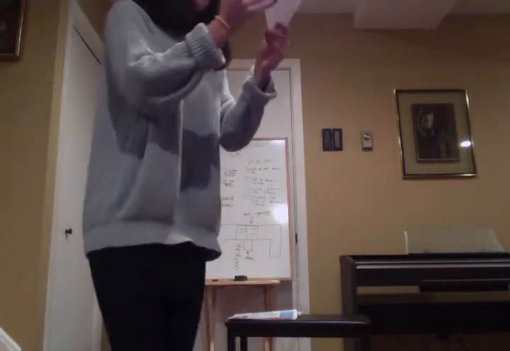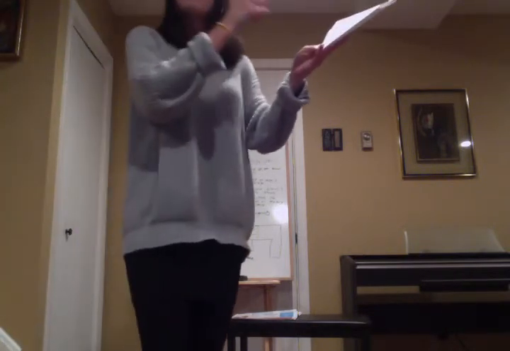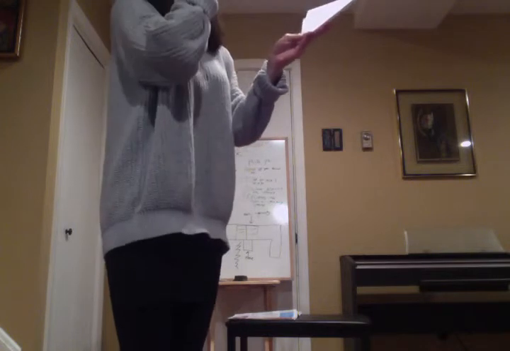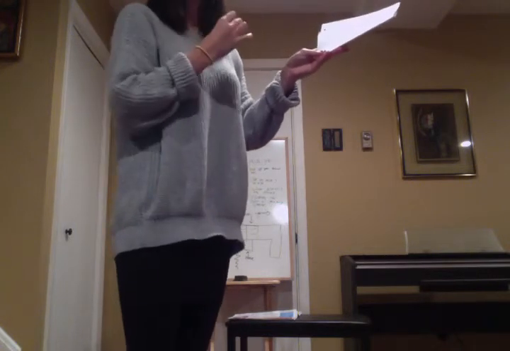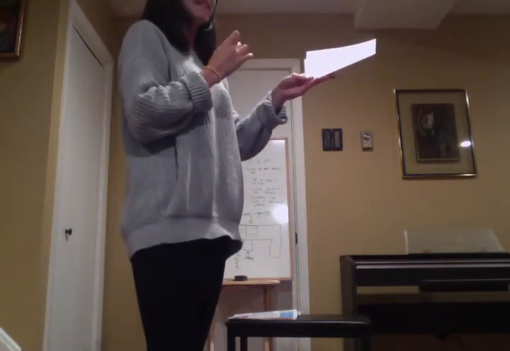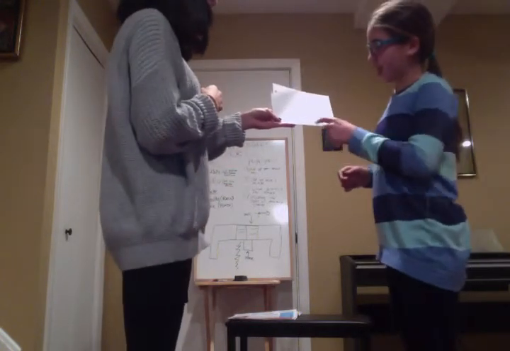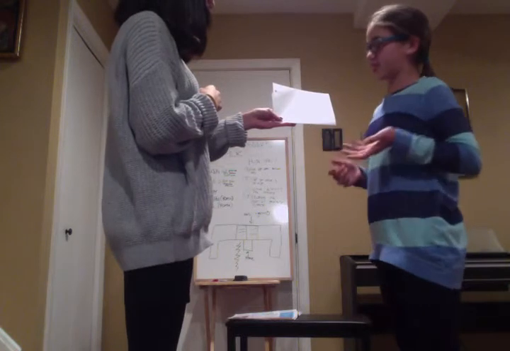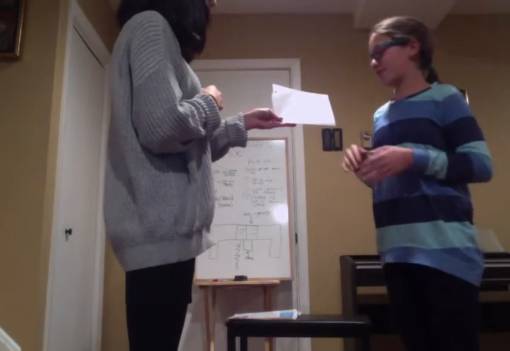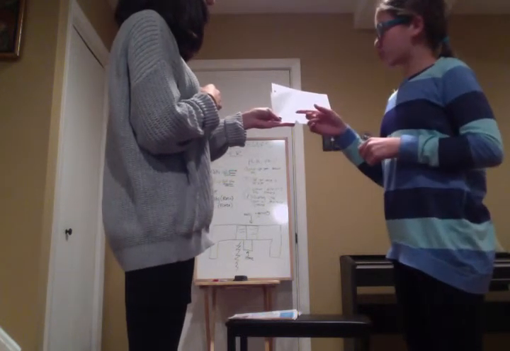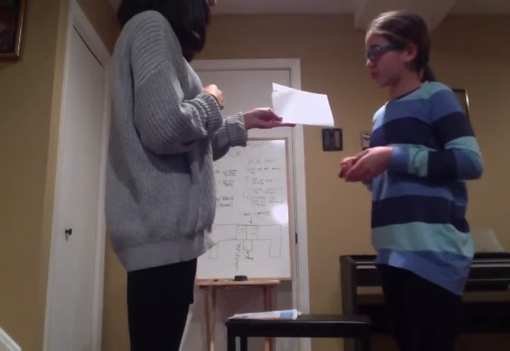Okay, so do you want to come up, Catherine, and show me what you drew? Okay, here. So you can explain. Well, I drew a table because we put the newspaper on the table. And under the newspaper, I put the ruler.